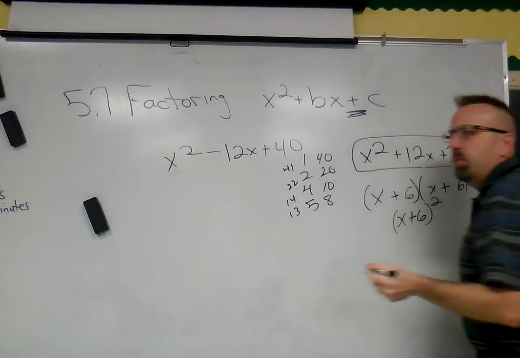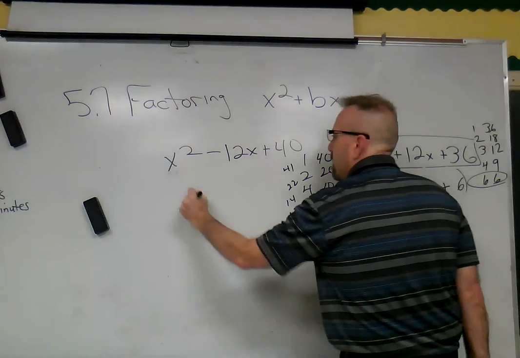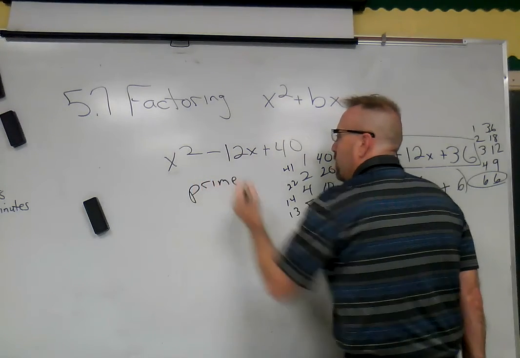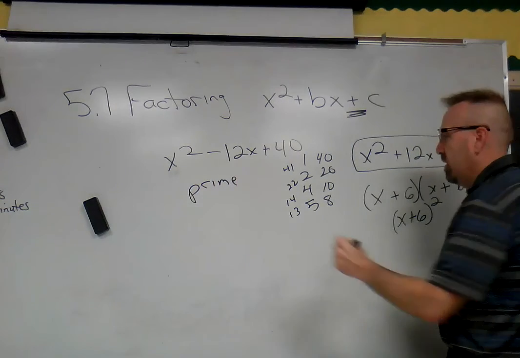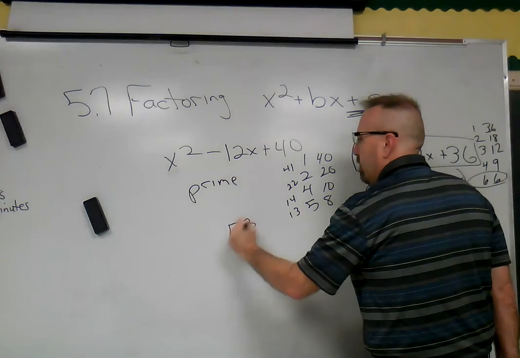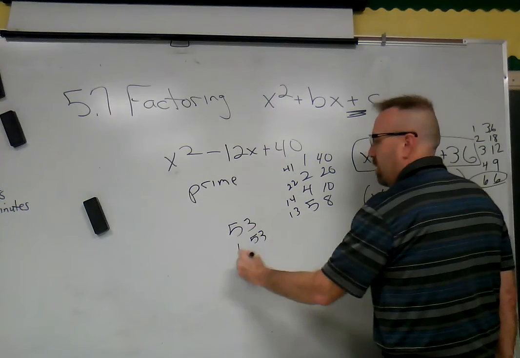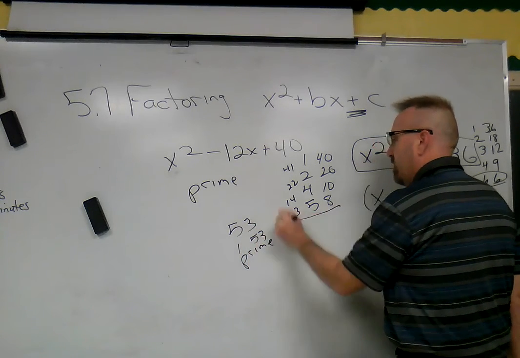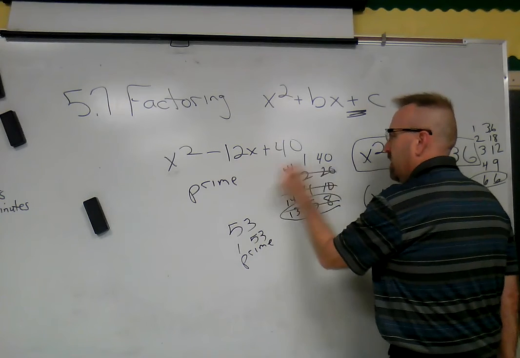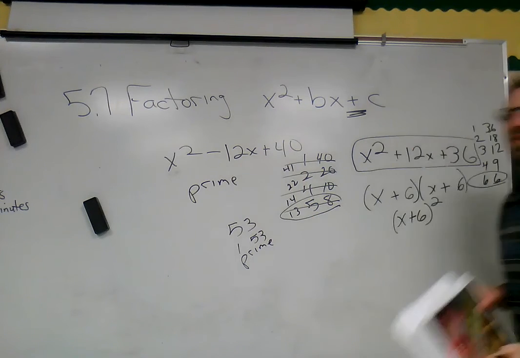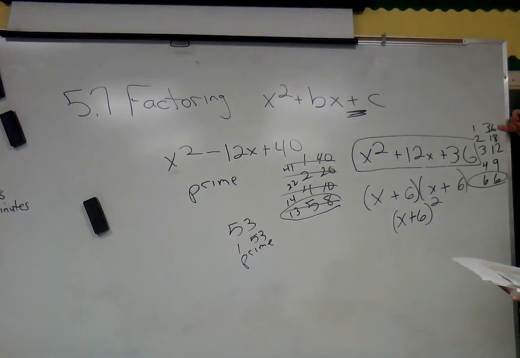None of them add up to be 12. So our answer, if you cannot do it, it's a prime polynomial. Kind of like this number, 53. Besides 1 and 53, does anything come out of it? So we would say it's a prime number. If none of your factors will work, it's prime. Every now and then you'll get them. But the best way to figure that out is to write them all out.